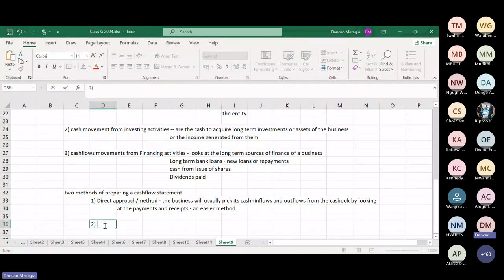However, we have the indirect method or approach, the indirect method or the indirect approach.